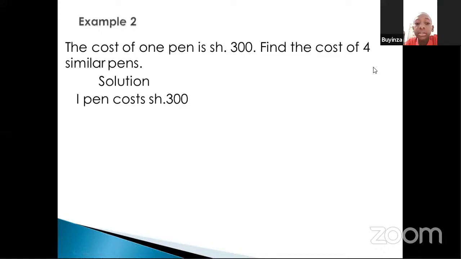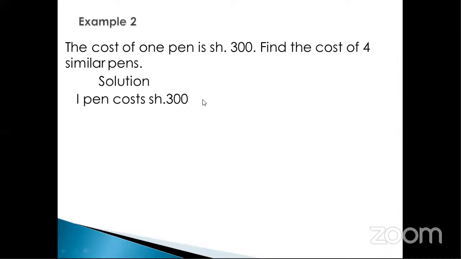So he has been telling us that 1 pen costs 300 shillings. Now you come to the next step. After saying that 1 pen costs 300 shillings, say 4 pens cost 300 shillings times 4.